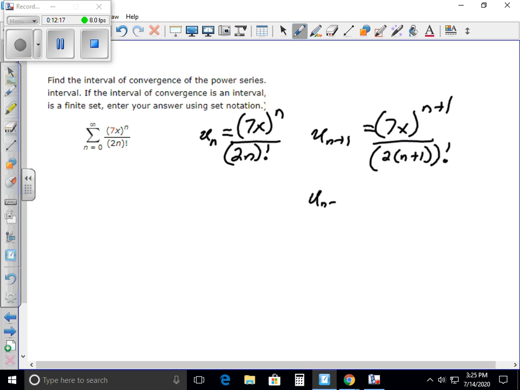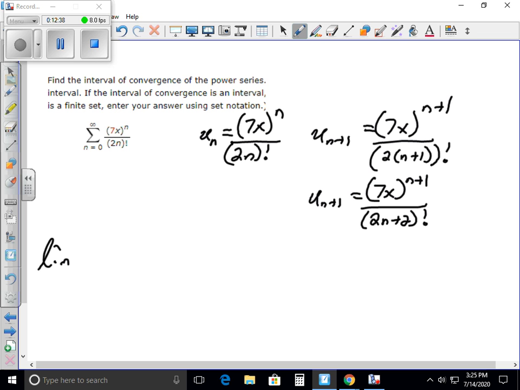So that makes u sub n plus 1, 7x to the n plus 1 on top. On bottom, 2n plus 2 factorial. Because if we add 1 to that n, the n and the 1 both get doubled.